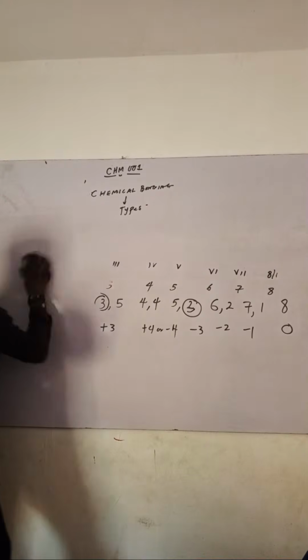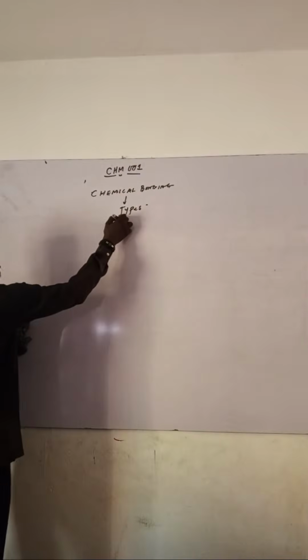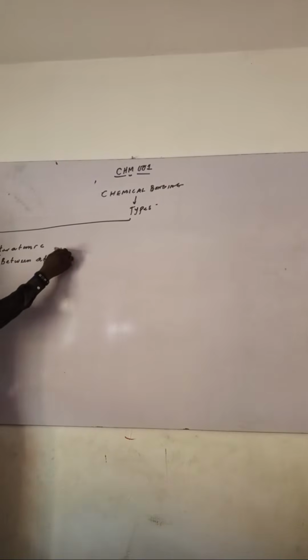So let's talk about the types of bonding on a broad basis. So we have what we call interatomic bonding. From the word interatomic, it is a type of bond that exists between atoms.